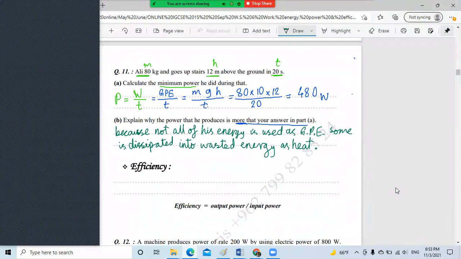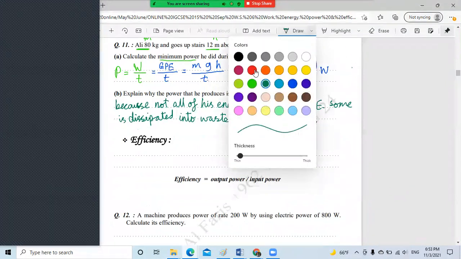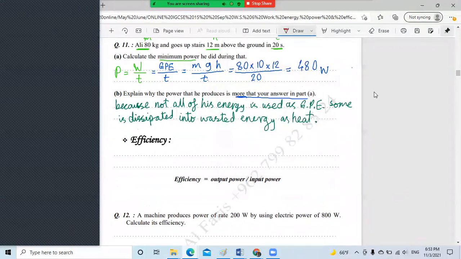Now also the definition of efficiency is included in the syllabus. What's the meaning of efficiency?